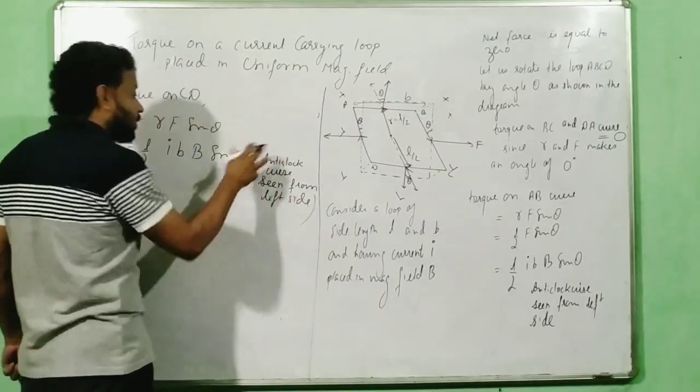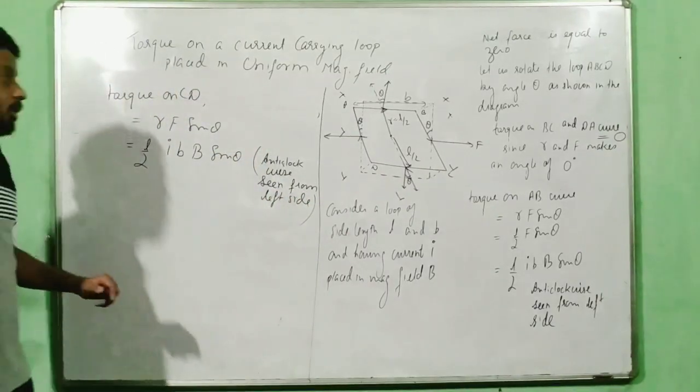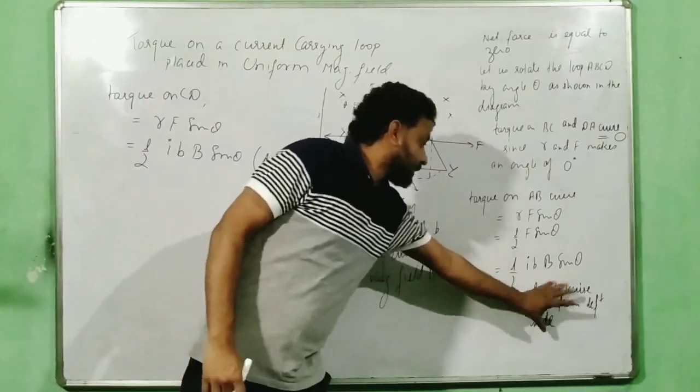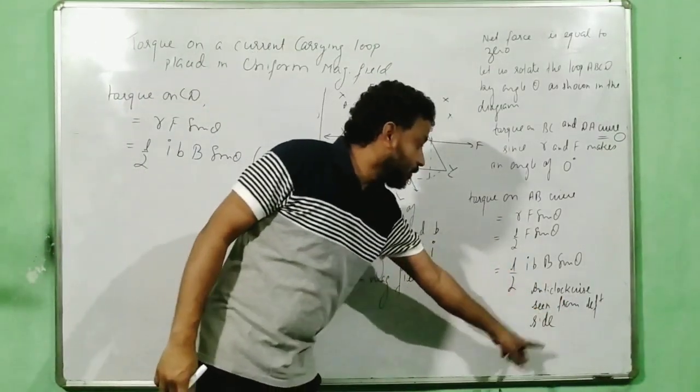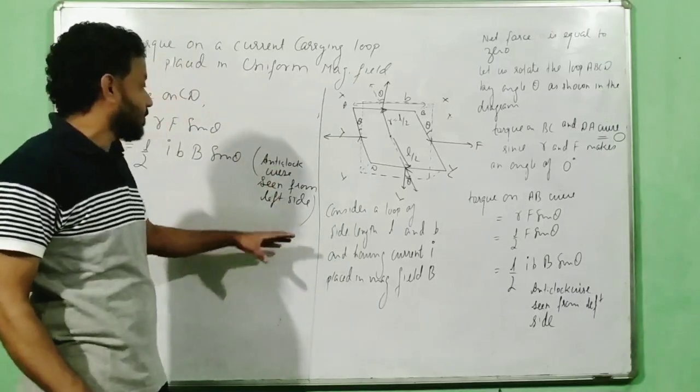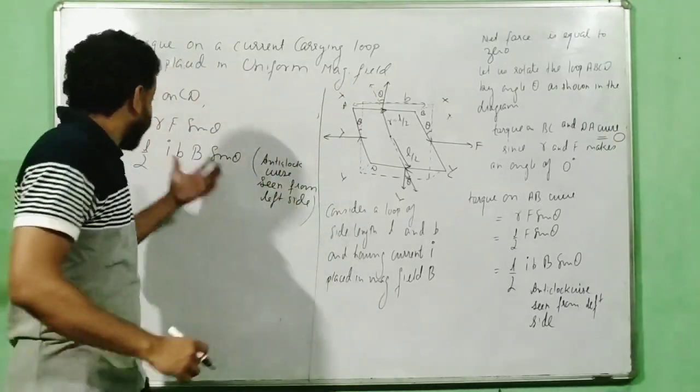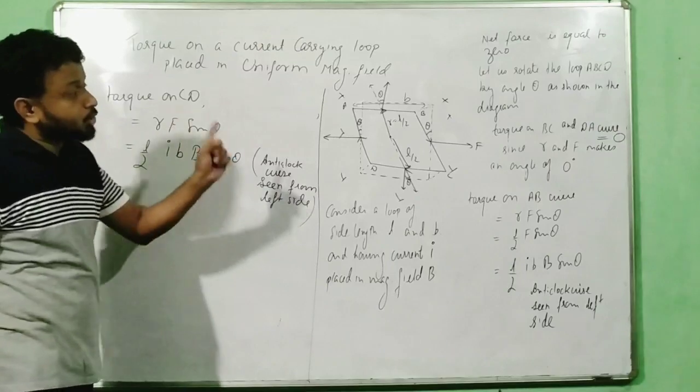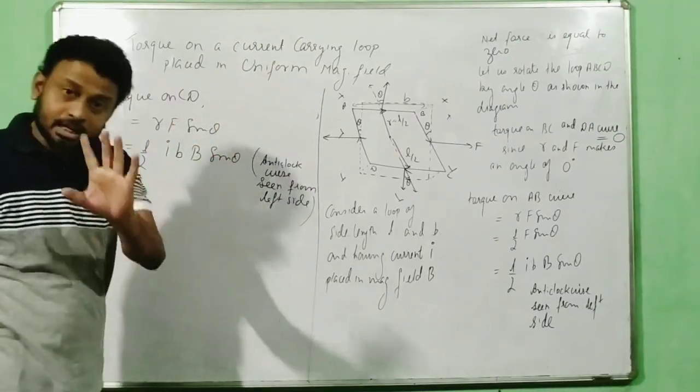That means both the torques are in the same direction. Now, even if you don't write anti-clockwise seen from left side, at least you write that torque on CD and torque on AB will be in the same direction. That much you can write.